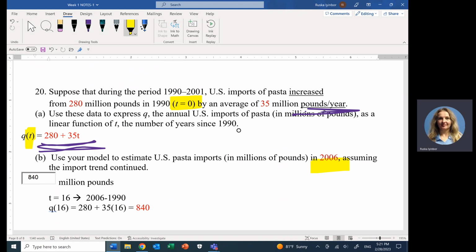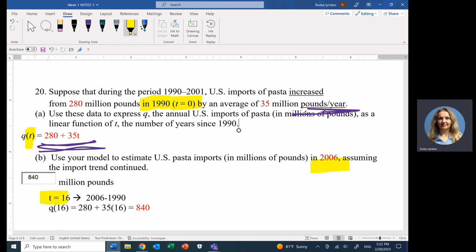To find t, we subtract 2006 minus 1990, the starting year. So t is going to be 16 years from the beginning.